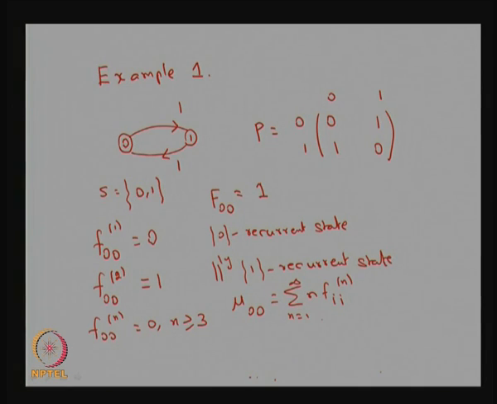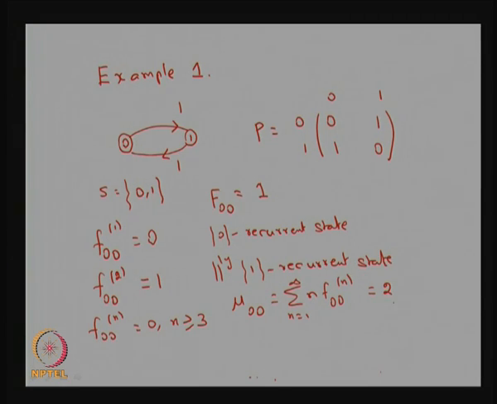So, here the I is nothing but 0 0. Summation n times f 0 0 of n, because this takes the value 1 for f 0 0 of 2, therefore, you will get 2 times 1 and all other quantities are 0, therefore, this is going to be 2.